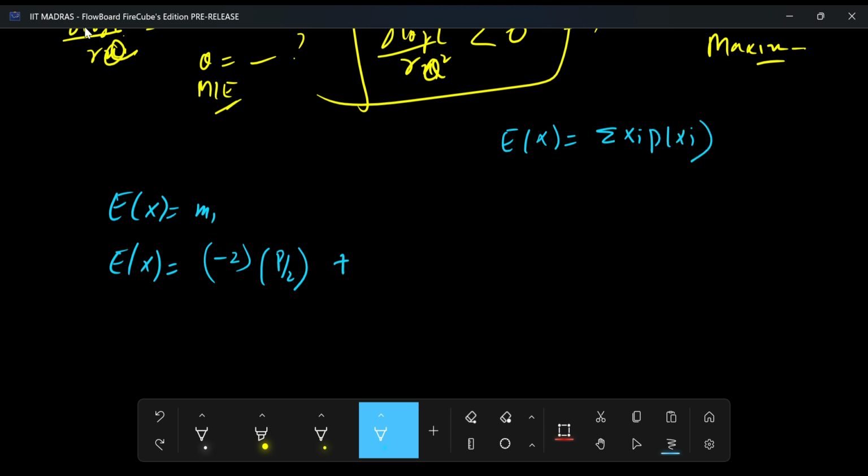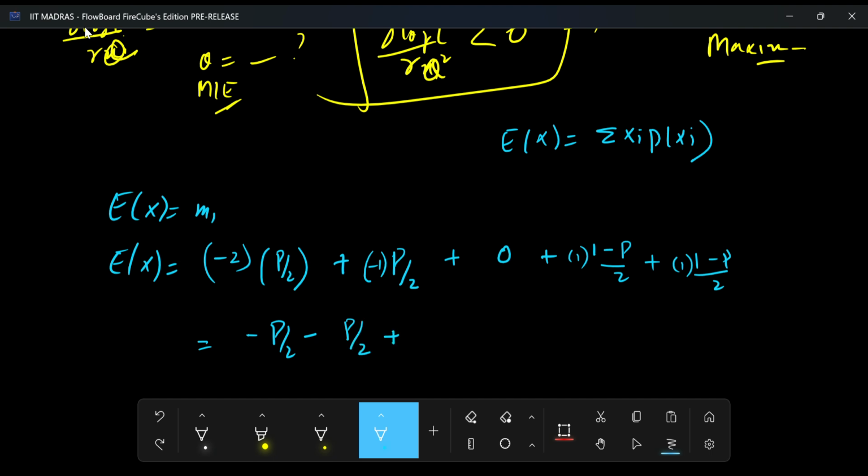Plus फिर -1 पे प्रोबेबिलिटी p/2, plus 0 पे प्रोबेबिलिटी 0, plus 1 पे प्रोबेबिलिटी 1 - p/2, और फिर again 1 पे प्रोबेबिलिटी 1 - p/2. तो ये क्या होगा? Wait a minute.